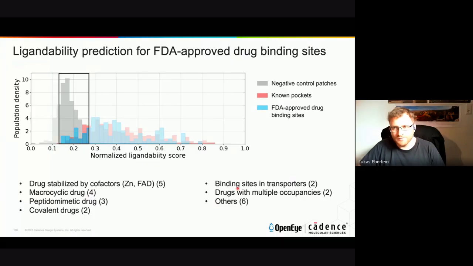Most of these data we have purposely removed from our training set because we don't have enough data for it. So we can improve our model for these types of drugs if we have more training data, but we are not surprised that we have some false negatives here.